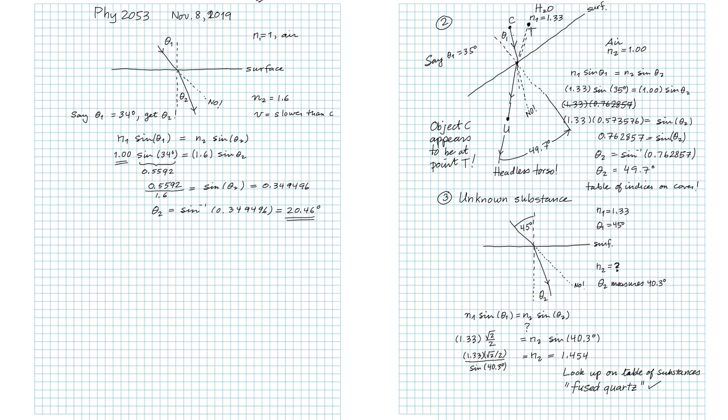Okay, who's got an answer for this calculation? 1.5. I've got 3 significant figures for my angle, so give me 3. 1 point something something something. 1.454. Okay. Now look up on the table of substances.